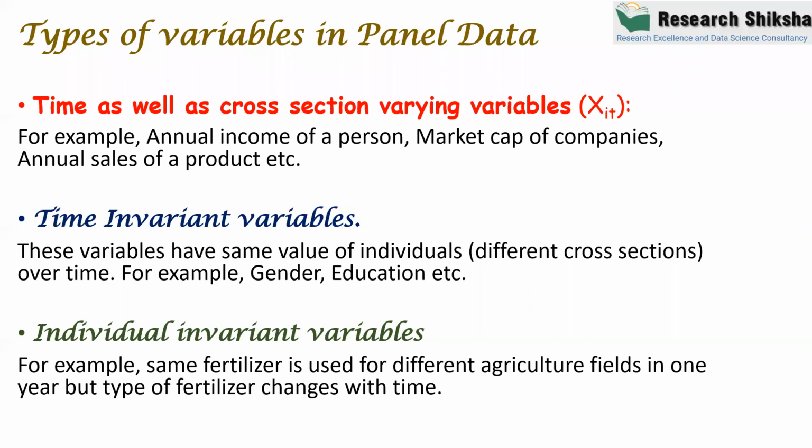Another example which is very simple to understand: if you are collecting the data of 20 agriculture fields, it may be possible that all the 20 agricultural fields are using the same fertilizer. So in this case, the fertilizer is the same for all the agriculture fields. This is called an individual invariant variable. Now, why are these variables important, right?